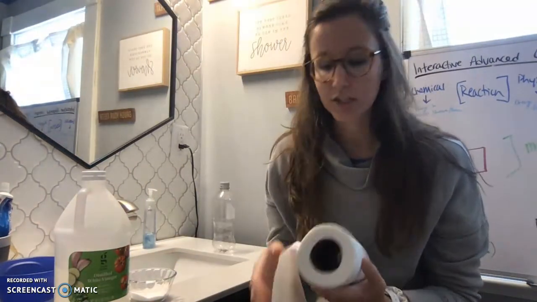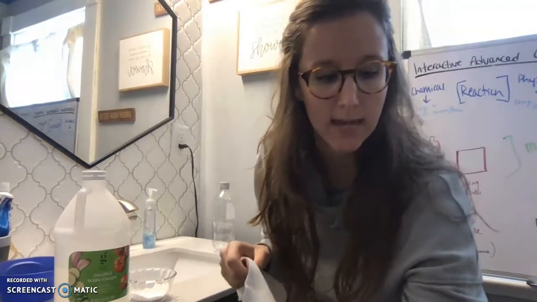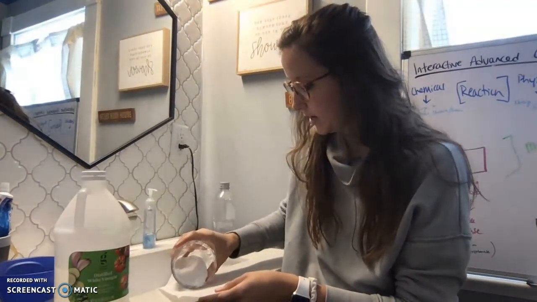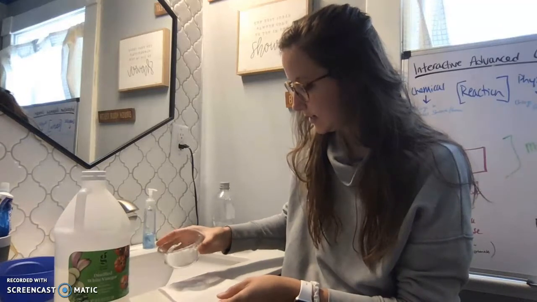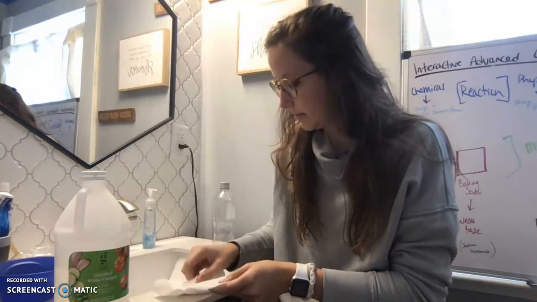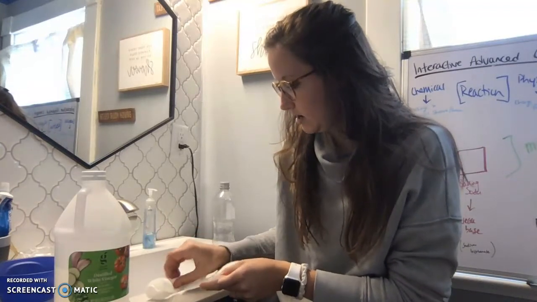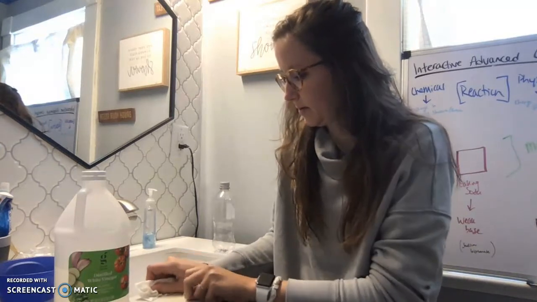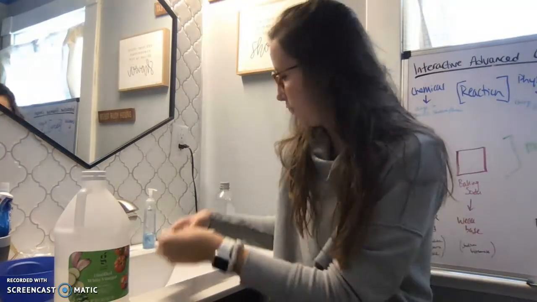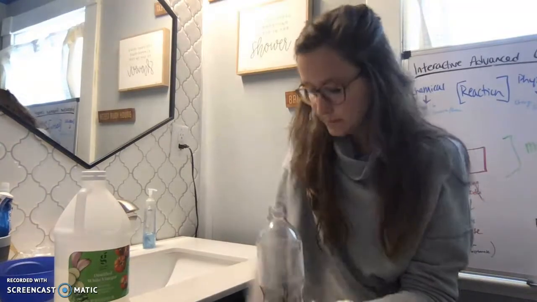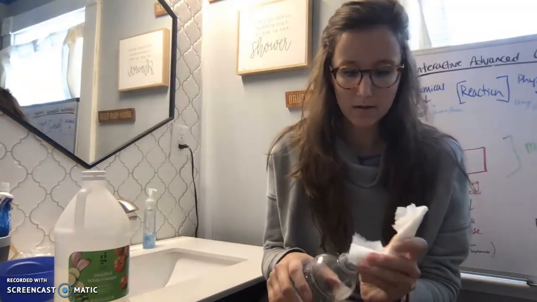Per the instructions, we're going to take a piece of our paper towel and dump some baking soda in it. As you can see, baking soda is on the paper towel. Then we're going to wrap it up. Seems like a lot of paper towel, so I'm going to rip off a little. And then we're going to put it, oops, I forgot to take the lid off, we're going to put it in the empty Pepsi bottle.